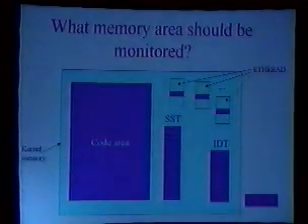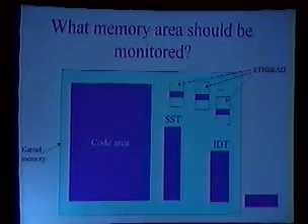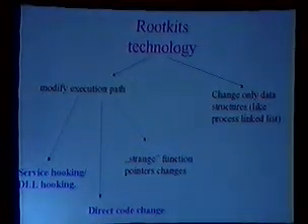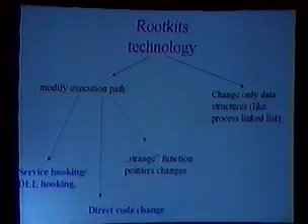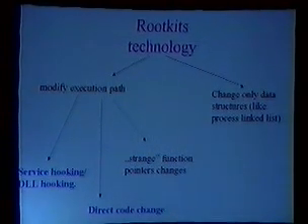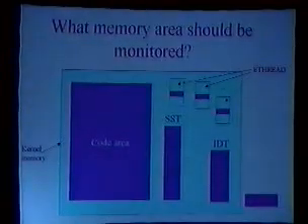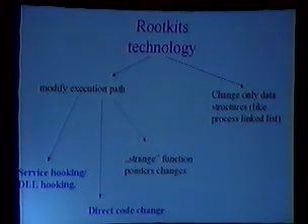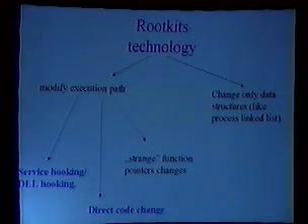However, using this, so monitoring code area, service table, and interrupt descriptor table, we can detect the service hooking and direct code change. DLL hooking will not be detected by this method, as I just said. So only service hooking, direct code change. Rootkits that change only data structures, like Fu rootkit, will not be detected.